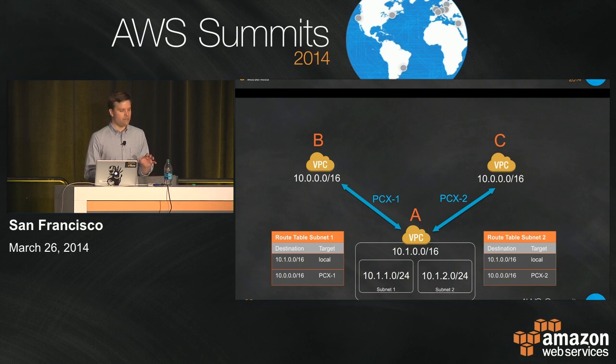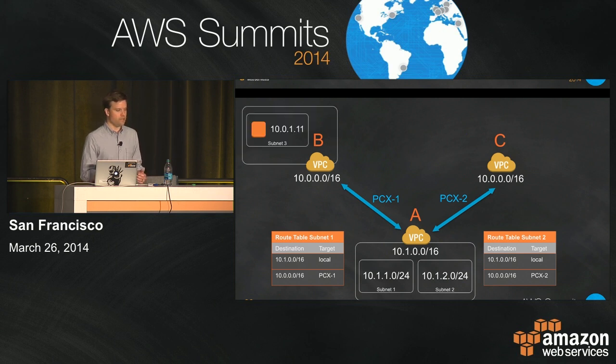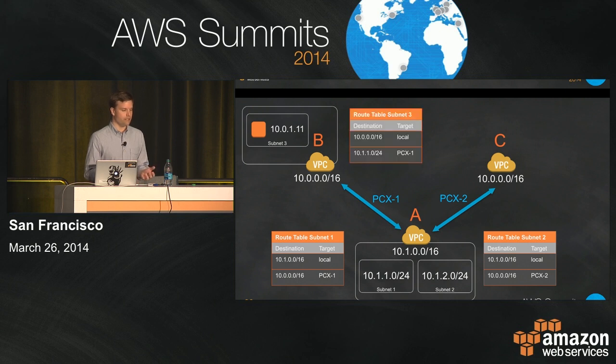And you'll notice in these peering routes I've used so far, I've been designating the entire CIDR block of the peered VPC. That's actually not required either. You can get very specific. So here we've got an instance deployed in subnet 3 in VPC B, and we create a routing table that looks like this.